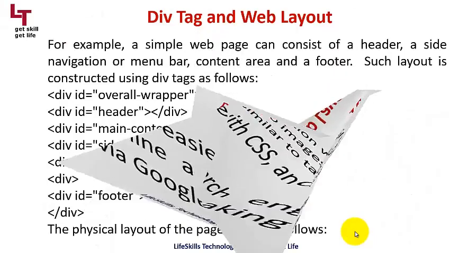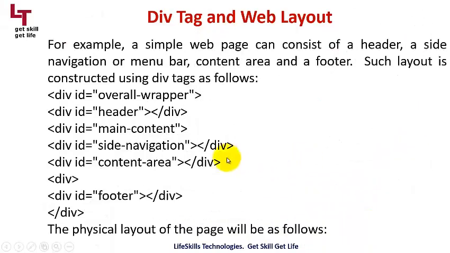For example, a simple web page can consist of a header, a site navigation or menu bar, a content area, and a footer. Now look at how the layout will be. In the body section of your site, you are going to divide your site into this, and you need to apply an attribute called ID or class.